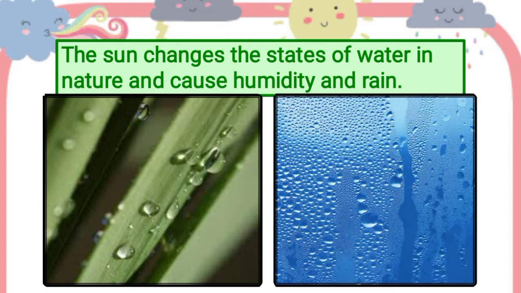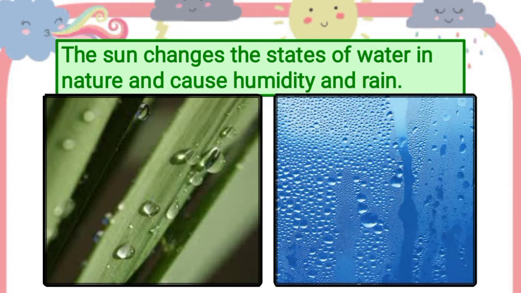Water vapor rises up and condenses on dust particles present in the air into tiny droplets of water. As more water vapor is formed, more and more water droplets come together to form clouds.